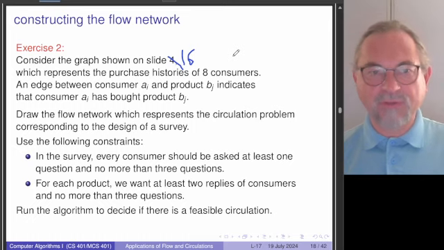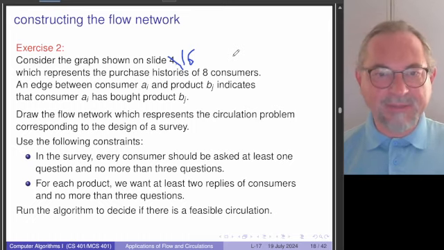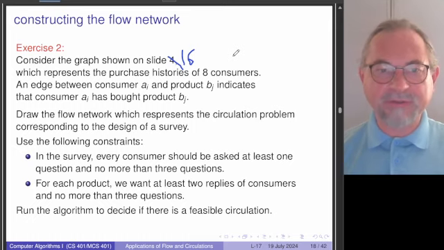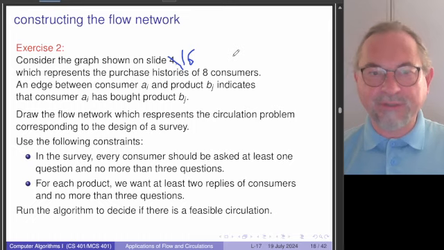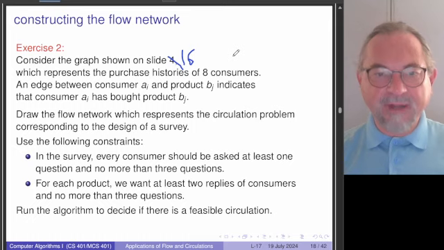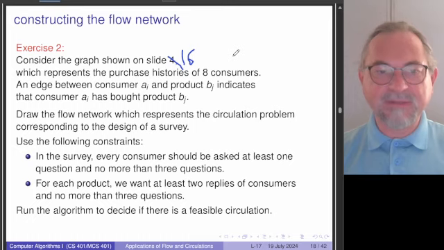So you have one source, and you have the limitation that every consumer should have at least one question and no more than 3 questions. The same lower and upper bound. And then for every product, you must have at least 2 replies and no more than 3 questions.